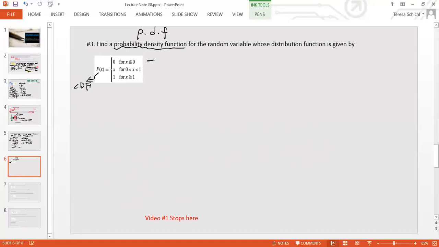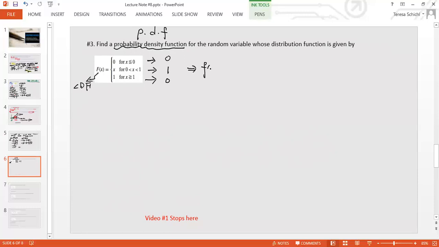So the derivative of the first part, 0, is still 0. What is the derivative of x here? The derivative of x is 1. Now what is the derivative of the last part? It's 0. Oh, so this is pretty easy.